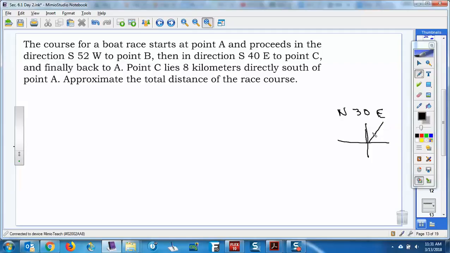And so you would go there, and 30 would be right in there. So these are always given with north or south first. So the angles are always going to be drawn next to the y-axis. It's the reverse of our reference angles. Reference angles we always draw along the x-axis. Bearing problems, north, east, that kind of thing, are always drawn up in here. All right, so that's my refresher.